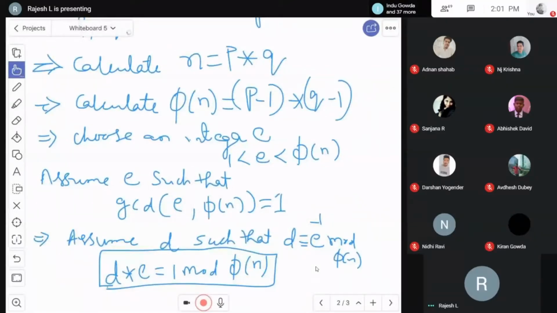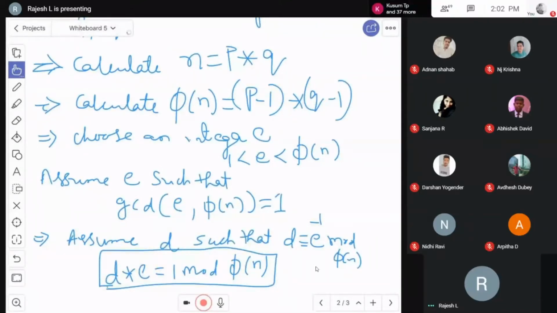Once you got E, whatever you assume will be your encryption key E. Then you go for determining the decryption key. Decryption key is D, obtained by D congruent to E power minus 1 mod phi of n.